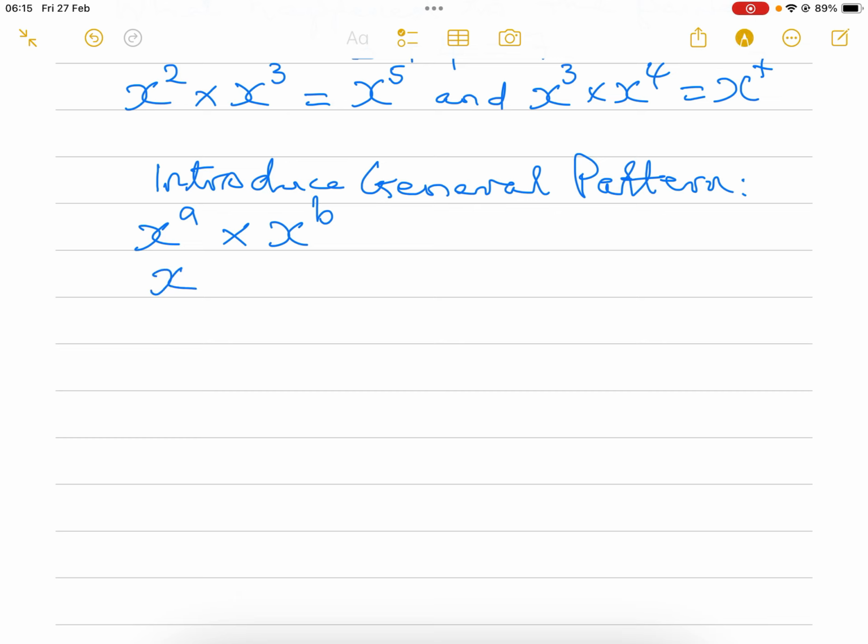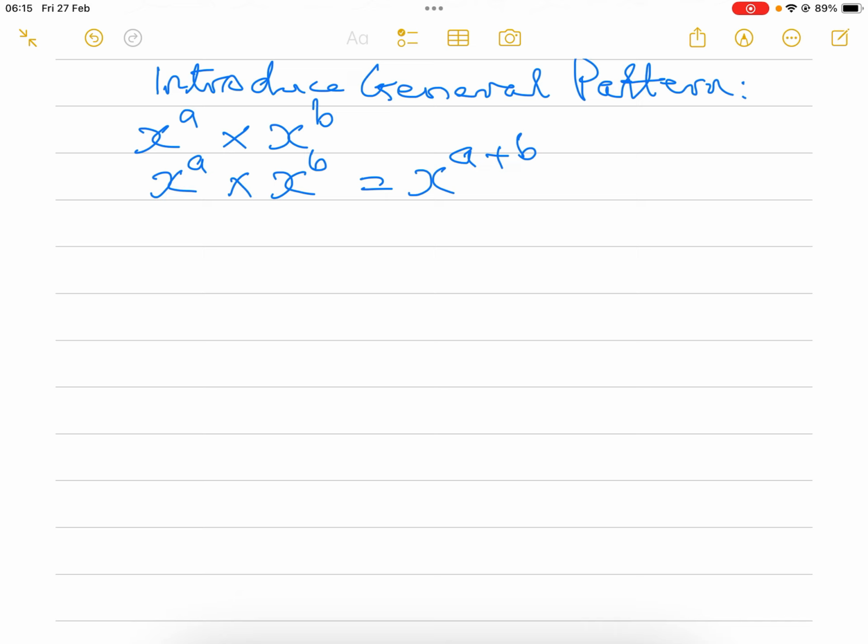If the bases are the same, we simply add the indices. So x raised to power a multiplied by x raised to power b becomes x raised to power a plus b. This is called the law of multiplication of indices.